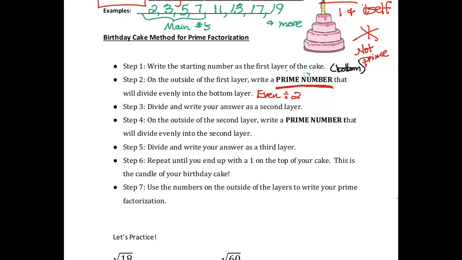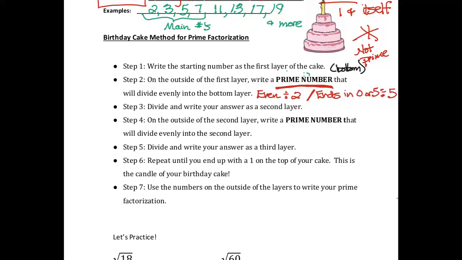If your number is even, let's divide by the number 2. If your number ends in a 0 or a 5, then I want you to divide by the prime number 5.